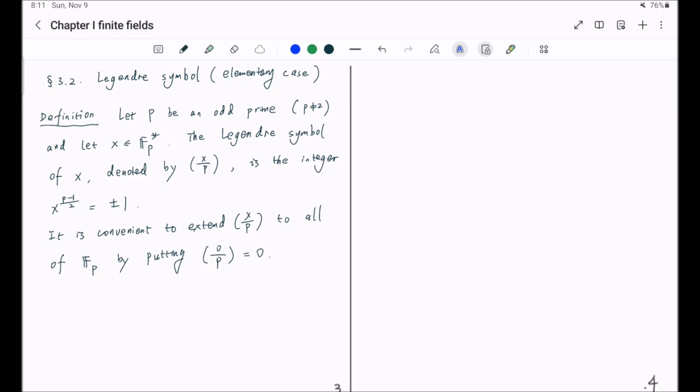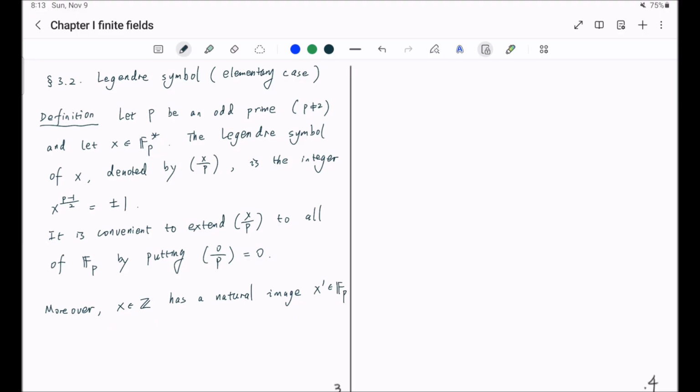And now we would like to further extend this definition. We want to define the Legendre symbol for all integers x, not just those in this finite field Fp. How do we extend it? Recall that any integer x has a natural image in Fp, and we denote this image by x prime.